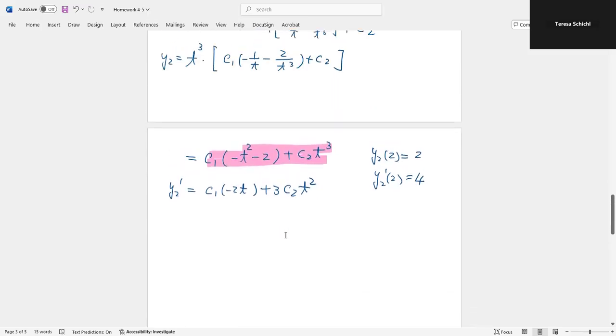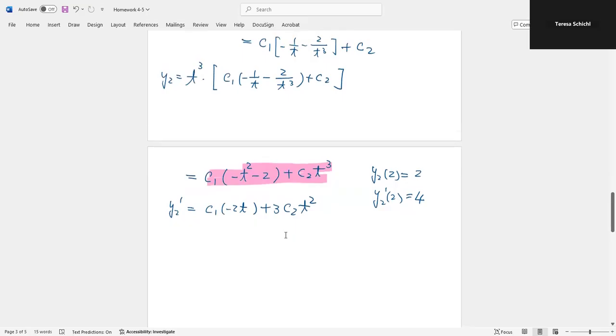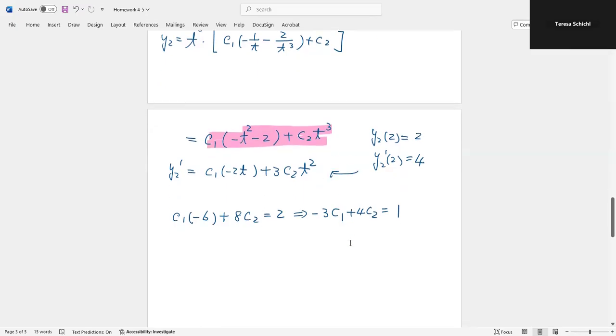So now I need to solve for C1, C2. Okay, so Y2 is C1 times 2, 2 to the square is 4, negative 6 plus C2 equal to 2. Or if you want to simplify it a little bit, negative 3C1 plus 4C2 equal to 1. Now plug it into the first derivative at 2.